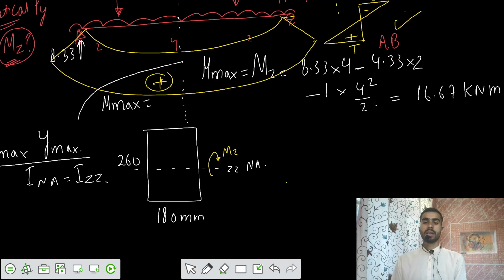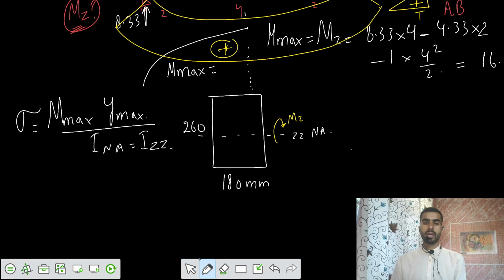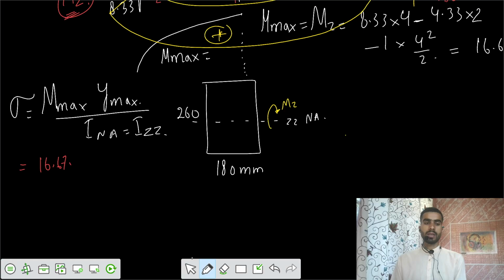So if you write the bending stress formula now, the maximum moment equals 16.67 kilonewton meter, that is 16.67 into 10 to the power 6 Newton mm. Then you have Y max, along the Y axis, so Y max equals 130, that is 260 by 2 mm.